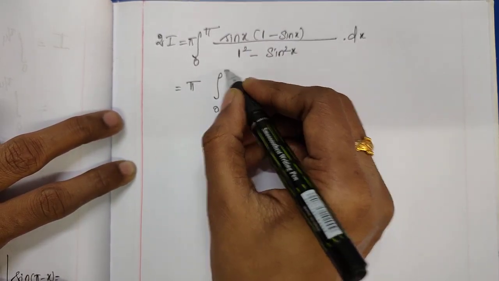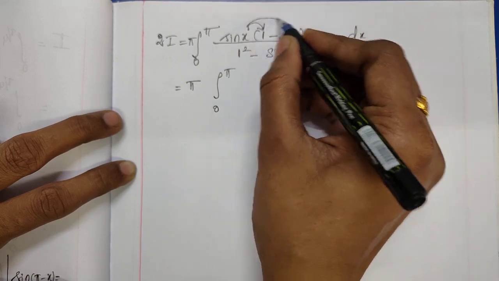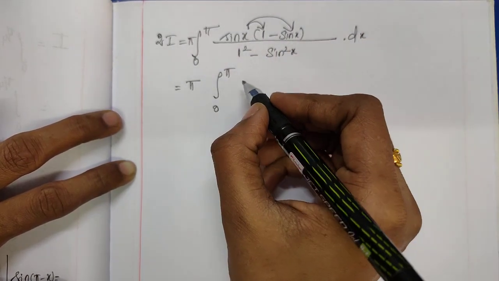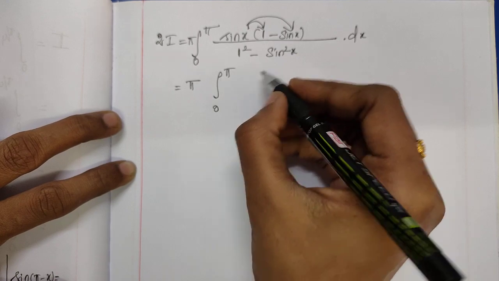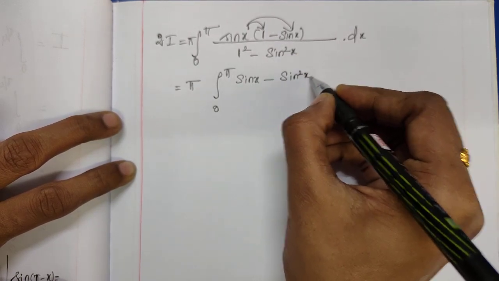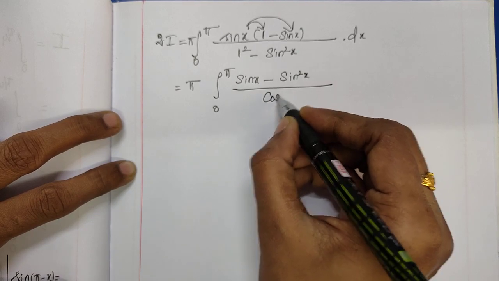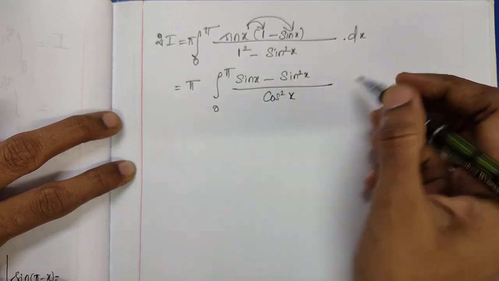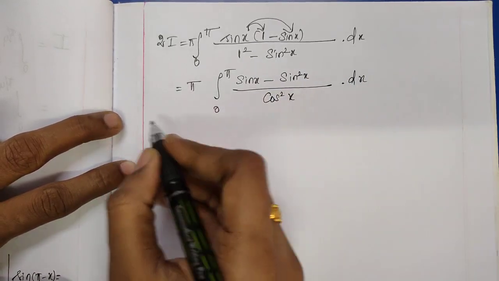This is equal to pi times the integral from 0 to pi. Multiplying sin x inside the bracket, we get sin x minus sin squared x divided by cos squared x, since 1 minus sin squared x is cos squared x, dx.